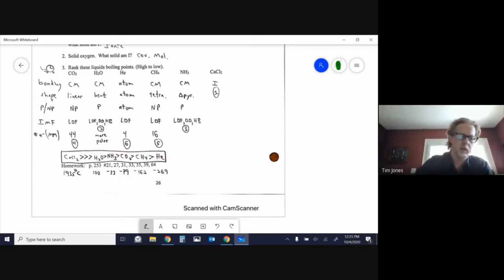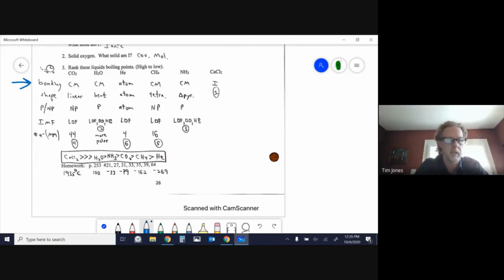The first thing you want to look at is the type of bonding. In this case, they're all covalent, or in the case of helium, it's an atom. And so this one stands out. It's the ionic one. Now, without knowing anything else, the ionic one is definitely going to be the highest. So we now know that number 1 is the ionic one, calcium chloride.